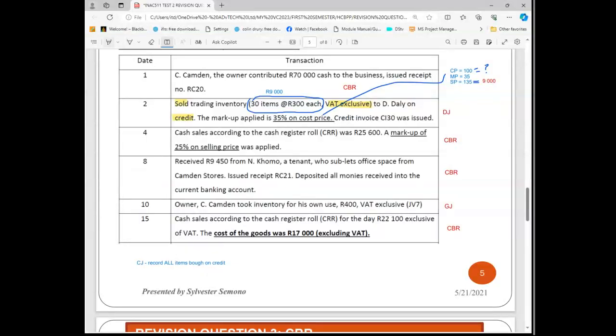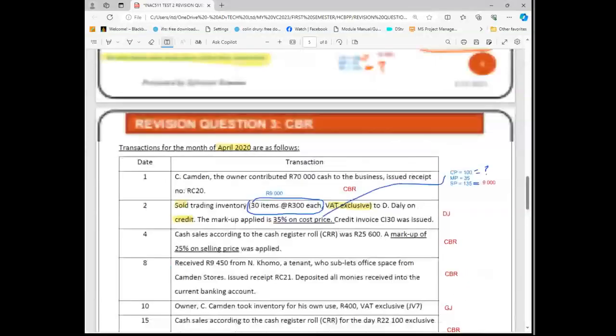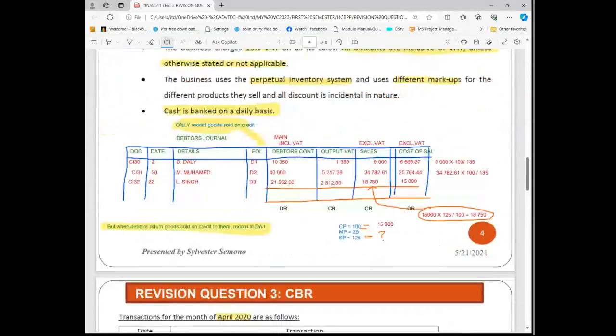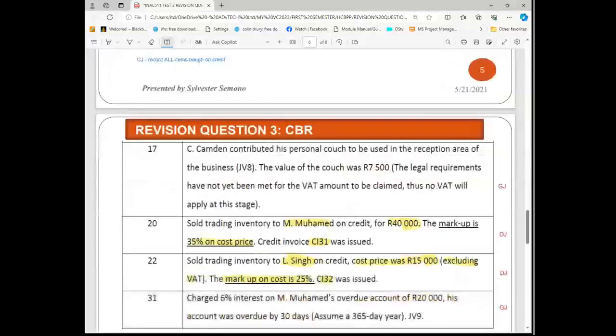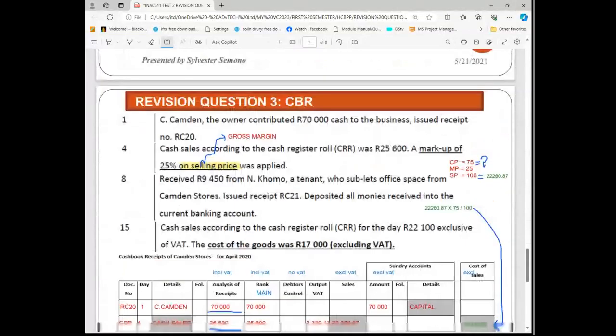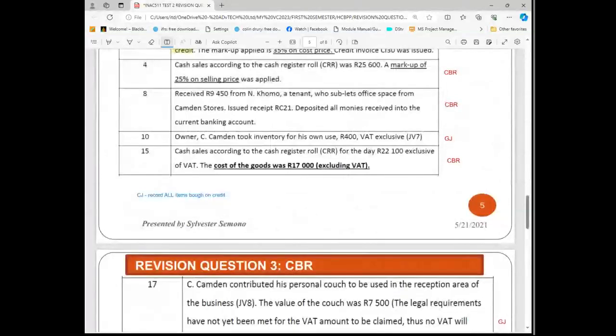No, you're missing another important word. I even put it in capital letters there. Only goods sold on credit. This only. But CJ, all of them which have been bought. Everything, it doesn't matter. It doesn't have to be goods. It can be a bicycle, it can be a building. It doesn't matter. Okay.